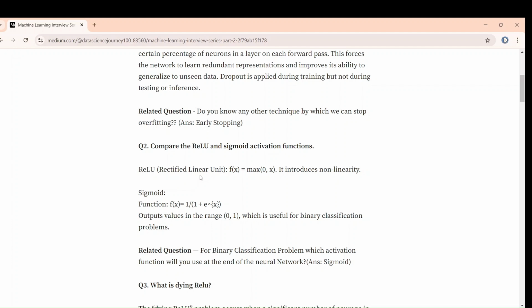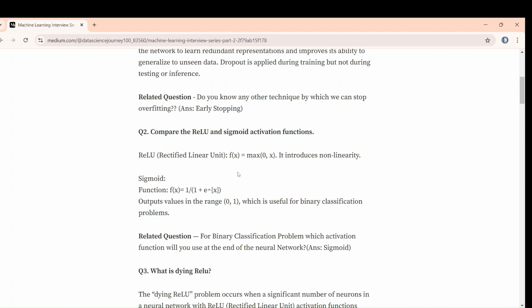Negative values will not be passed on. ReLU will make them 0. So it has some advantages as well as some disadvantages. It may create a sparse matrix because it is making every negative point 0. The advantage is that it is introducing non-linearity. And there is also a problem called the dying ReLU problem that we will discuss in our next question.